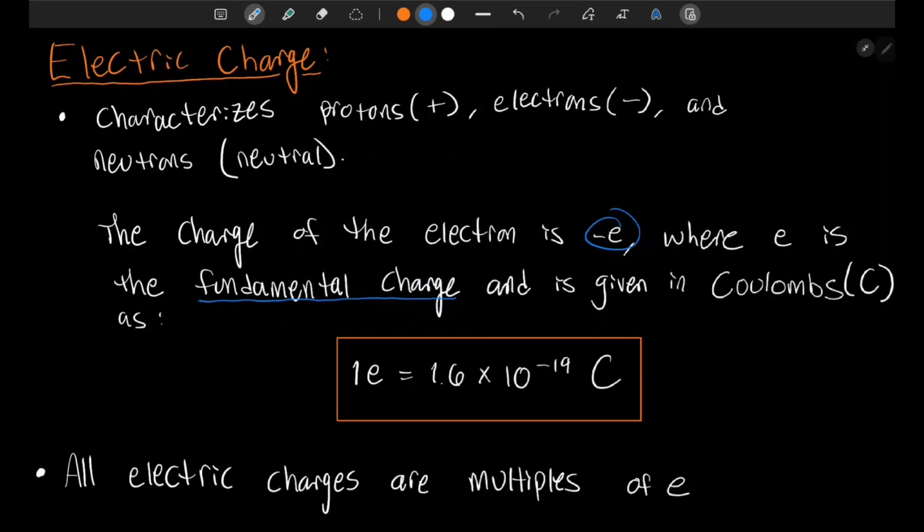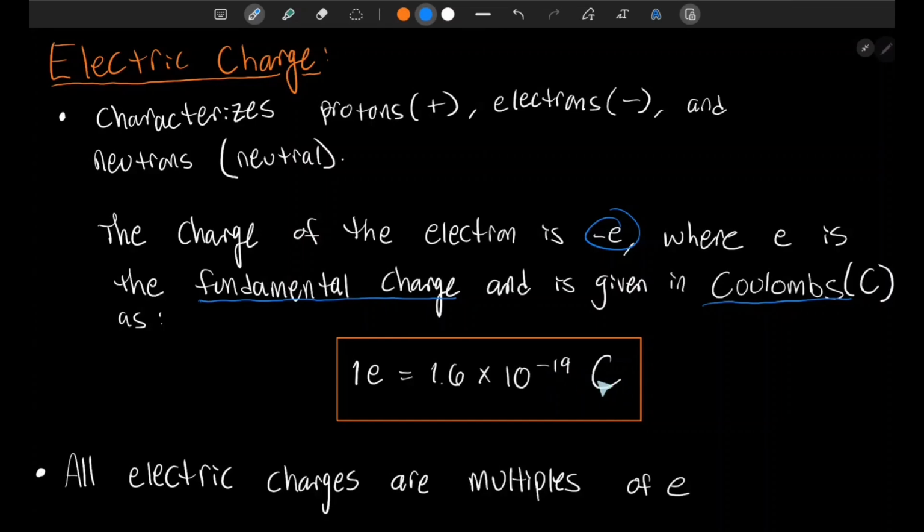The fundamental charge is the charge of an electron, and one can think of the fundamental charge as just some unit which measures the electrical charge. Another unit, called coulombs, also denoted by C, can be related to the fundamental charge by this formula here. So we see that one fundamental charge, or 1e, is equal to 1.6 times 10 to the negative 19 coulombs.